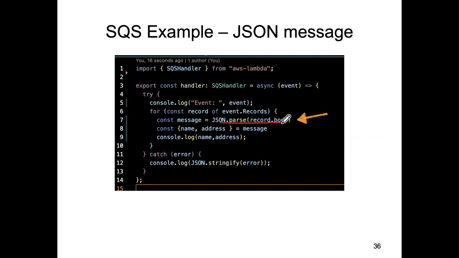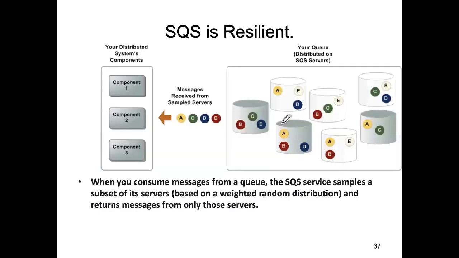Okay, so that's the only point I'm trying to get across from this slide and the previous one. And this parsing is something that happens quite a lot with all of the messaging services that AWS provides, and you just need to be aware of it. Okay, I haven't demonstrated anything though, but hopefully the example was simple enough that it doesn't need a demonstration.